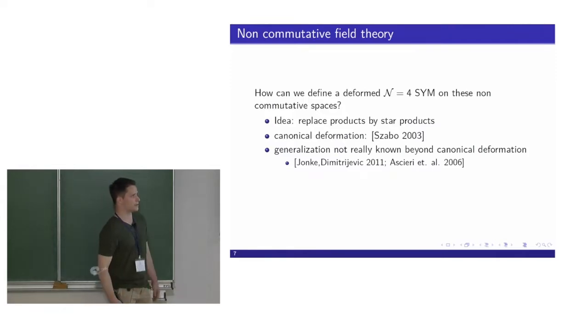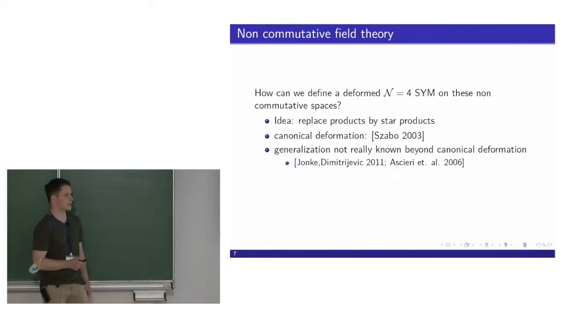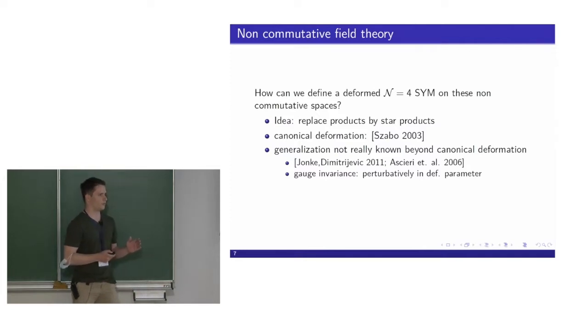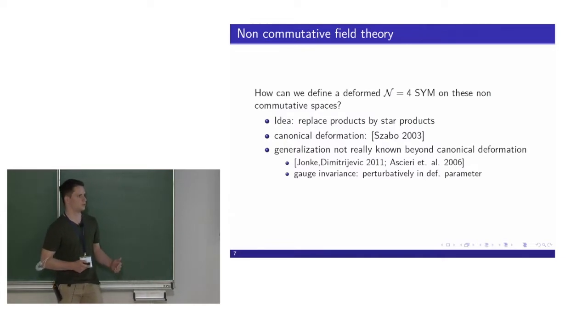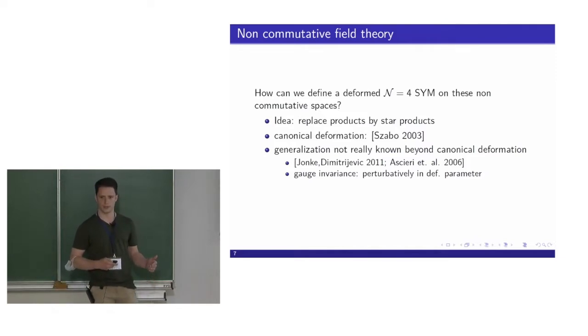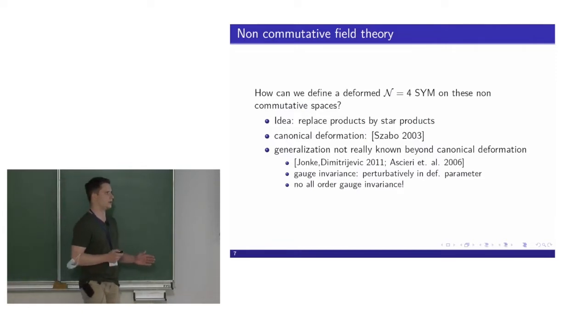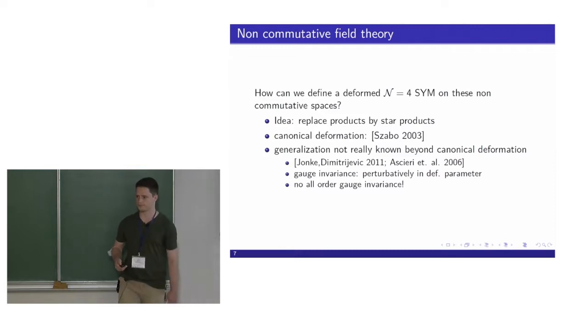The problem here is that these generalizations, in principle, do not really work out properly in terms of gauge invariance. So for all deformations beyond the canonical one, up to now it is only possible to find gauge invariance perturbatively in the deformation parameter. So especially there's no all-order gauge invariant theory beyond the canonical deformation.